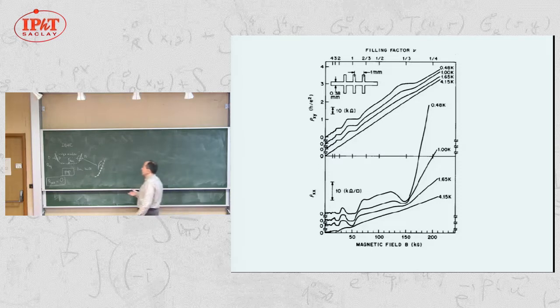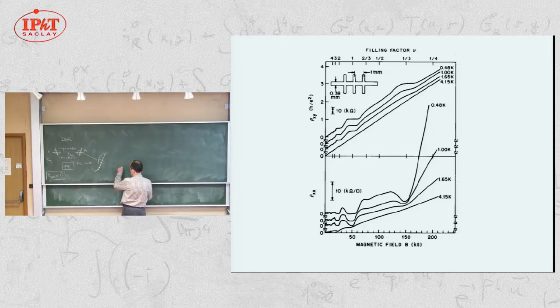Because if you look at the sample, that's a very naive drawing of a real sample. This is the whole bar with the two-dimensional electron gas, and these are the contacts where you impose the current.